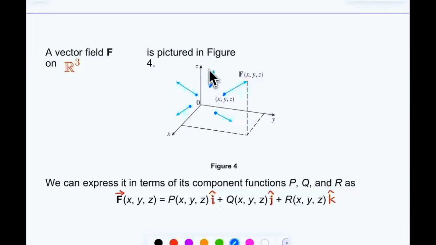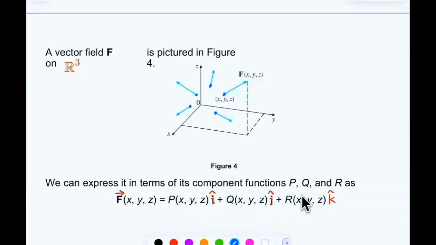The output of the function will be three-dimensional vectors. We can express this vector field in terms of its component functions P, Q, and R. So now it has three components, i, j, and k, with those scalar functions P, Q, and R. You can call them scalar fields or scalar functions, either way.